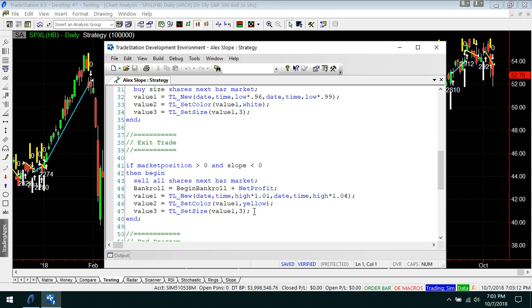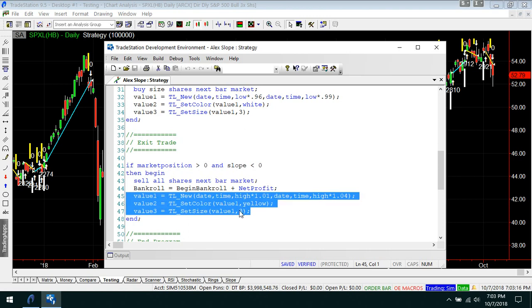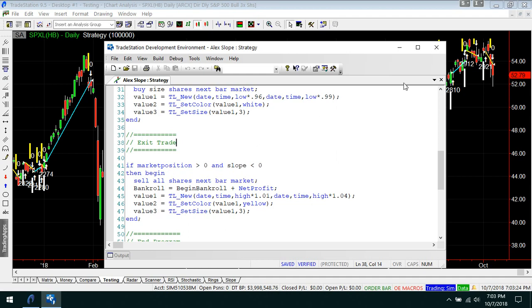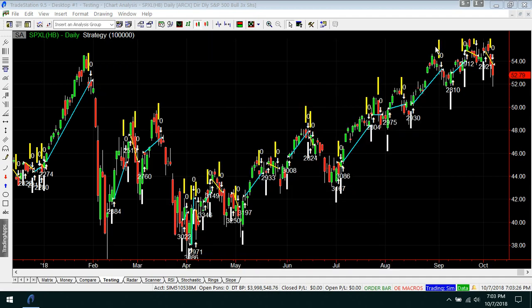And then this is the section of code that draws those vertical bars above and below the trade bars to tell you what to do the following day. So that's what's going on there. All right, I'll get rid of that. And here's an example up here of one of these happening. We're in a trade for a long time because the slope is up all this time.